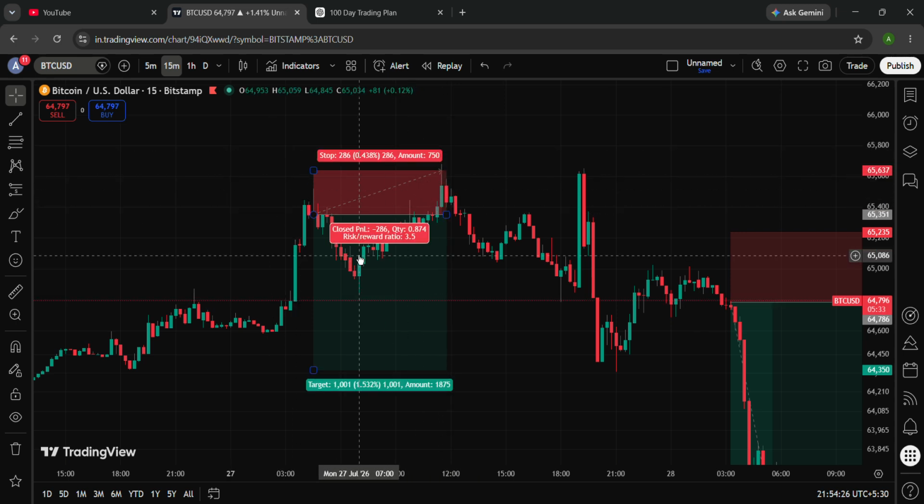If you hover over that position, you see that my risk to reward ratio is approximately 3.5. That means here my SL is hit, and I lose only 1 rupee. But if the price goes in my direction as per my analysis, then I will end up earning 3.5 rupees. That is a great deal.